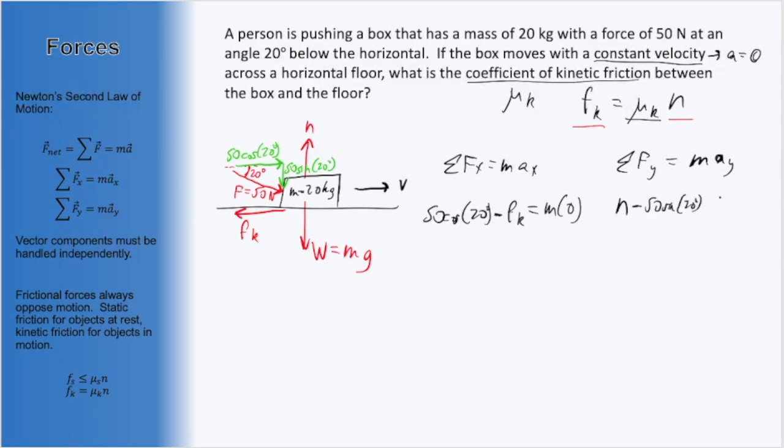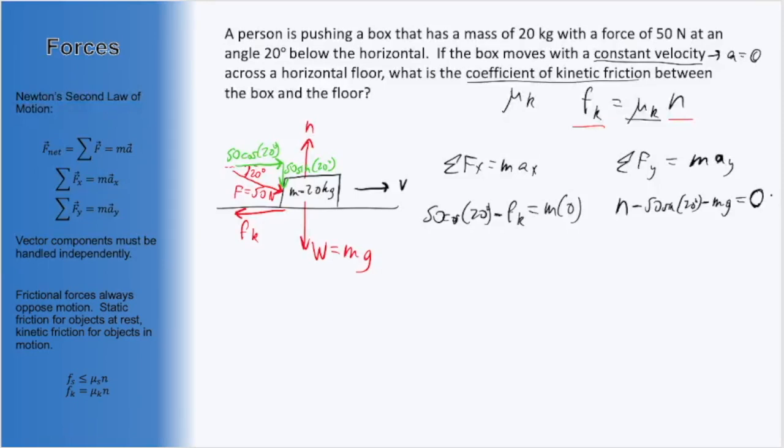And we also have the weight or force of gravity going directly downwards as well. So minus mg must be equal to the mass times acceleration. But this object is not going to be moving up or down at all. So it has a constant vertical velocity of 0, which means acceleration is also 0. So the right side of this equation would also be 0.